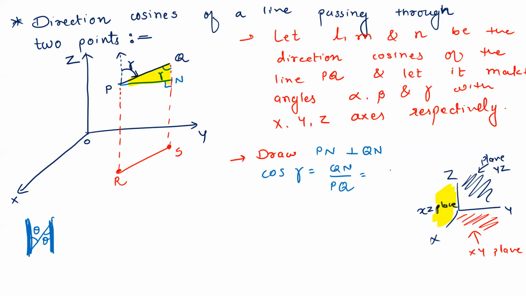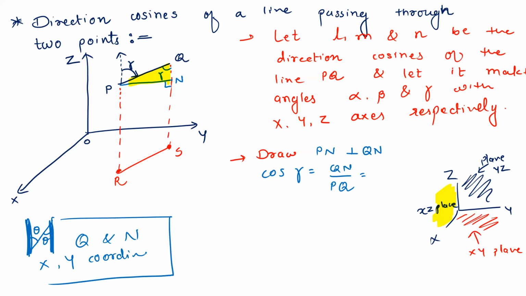As we have already drawn a perpendicular from Q to the XY plane, that means the X and Y coordinates of points Q and N are the same. That means which coordinates are different? Z coordinates are different, right?